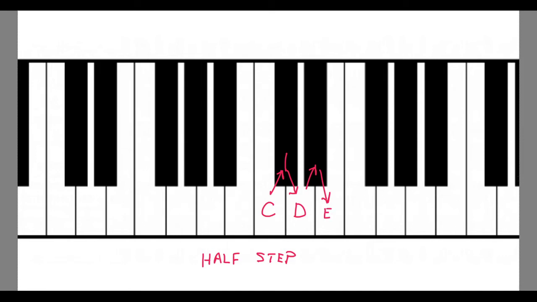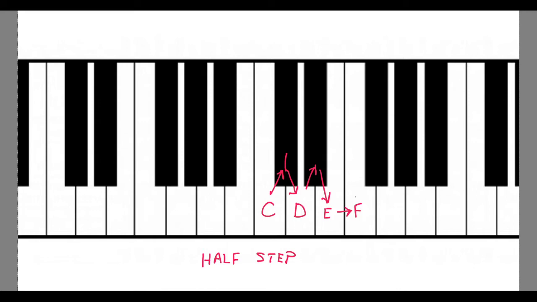Now we go from E to F, and notice there's no black key in between E and F. That's because the distance between E and F is a half step. So there's no room, musically at least, for a black key to go in between. There's no smaller distance that we can travel on the piano keyboard.